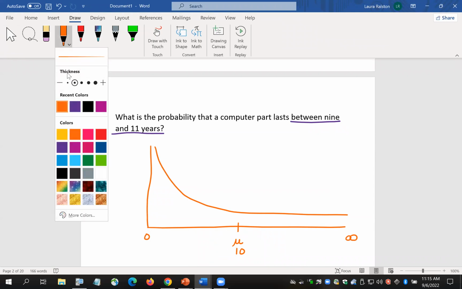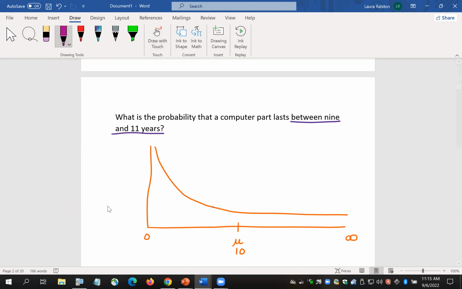In this question, it asks what's the probability it lasts between 9 and 11. I'm looking for this region here, but I don't have a direct formula for calculating a between. So here's what we have to do.